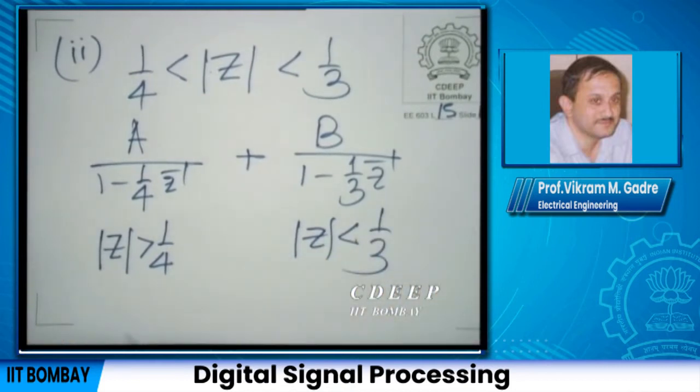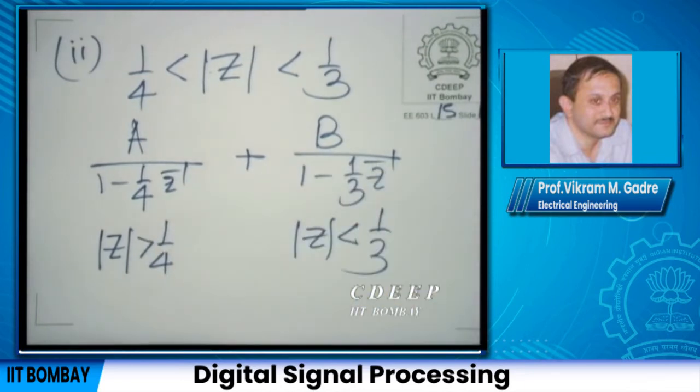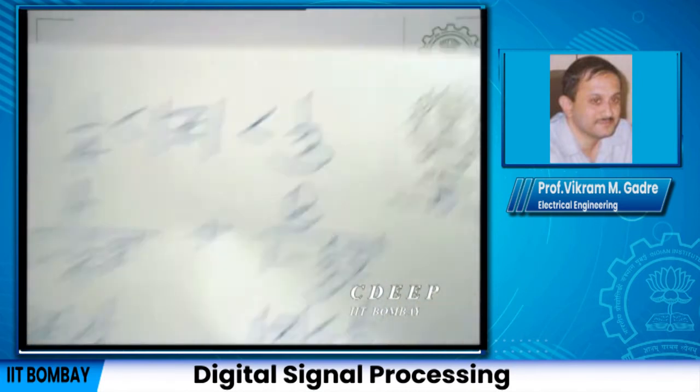So, there is a different way by which we treat this term and this term. So, here you would have to do a different kind of expansion. You would have to expand it by keeping the powers of z inverse in the first term.